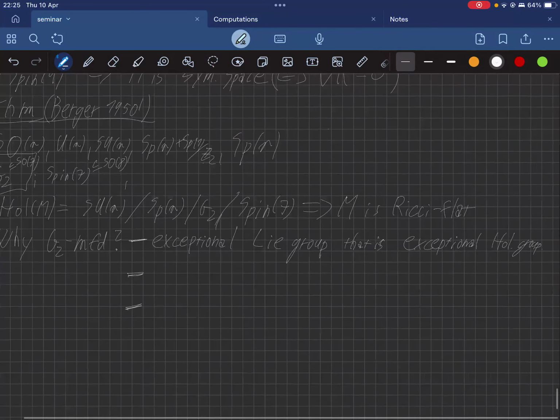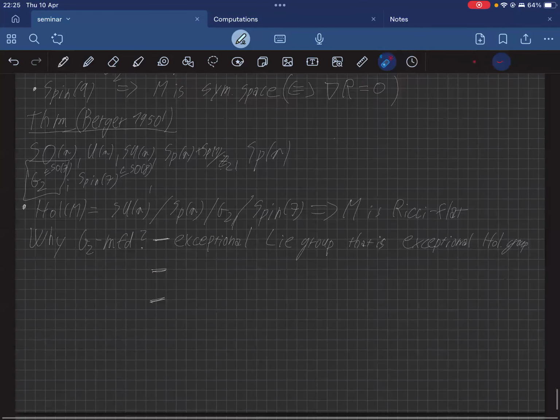Well, if you remember the classification of simple Lie groups, there are these 4 infinite families and 5 exceptional cases, right? G2, F4, and E6, 7, 8. And the classification of holonomy groups looks quite similar, right? We have these 5 infinite families and 2 special cases. And G2 is the only group that appears on both of these lists. So it's an exceptional Lie group that is also exceptional holonomy group.